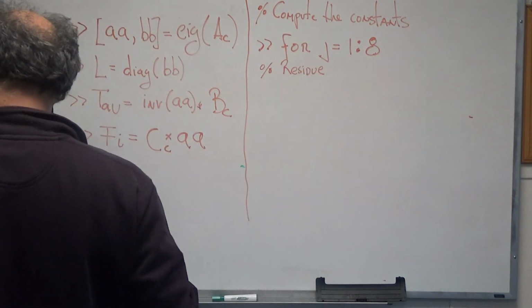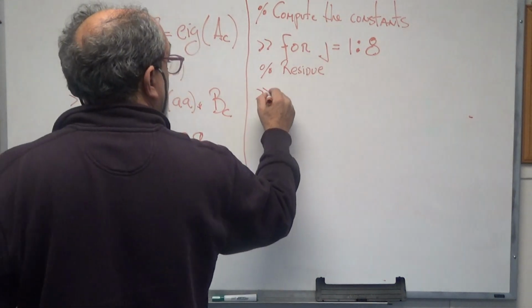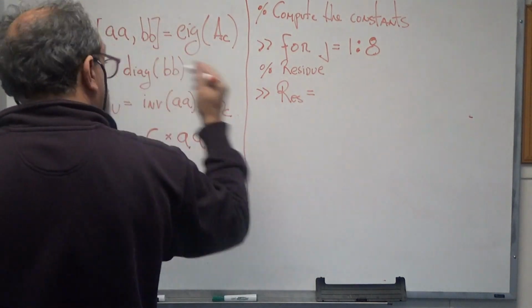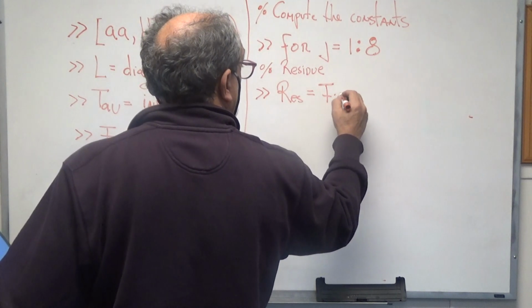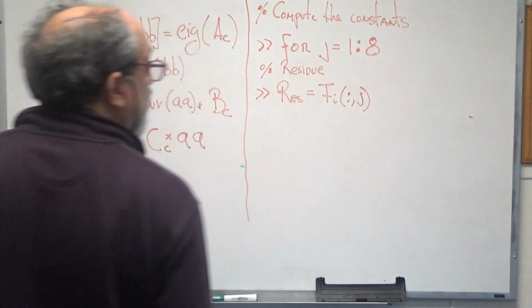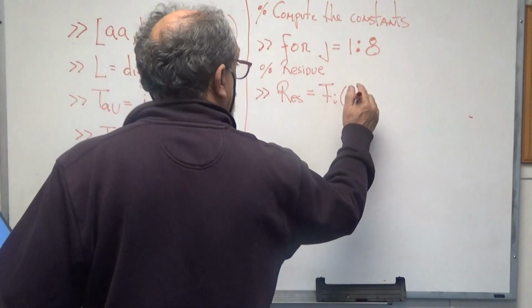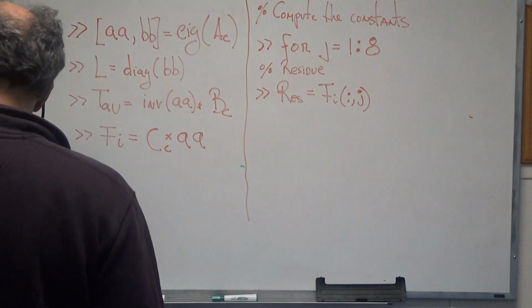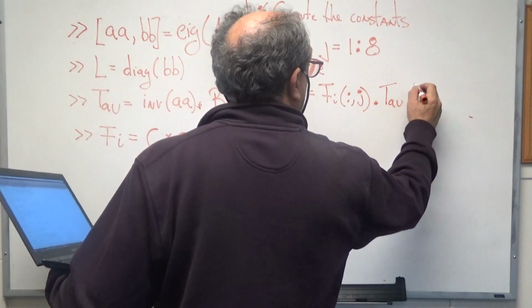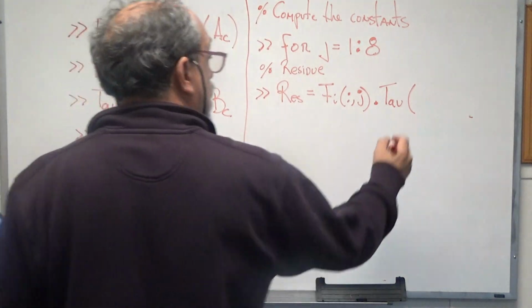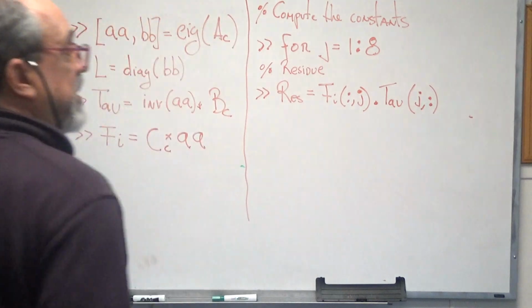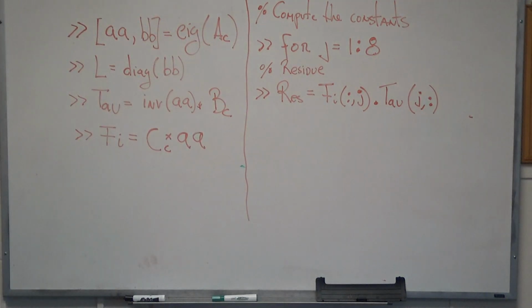So the residue is, by definition, equal to phi, all the rows of column j, the first one, first time around, multiplied by tau, right? The jth row, all the columns. So that's the residue by definition of mode j, right?